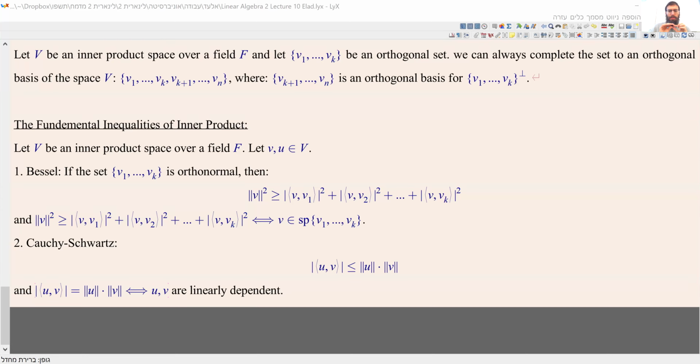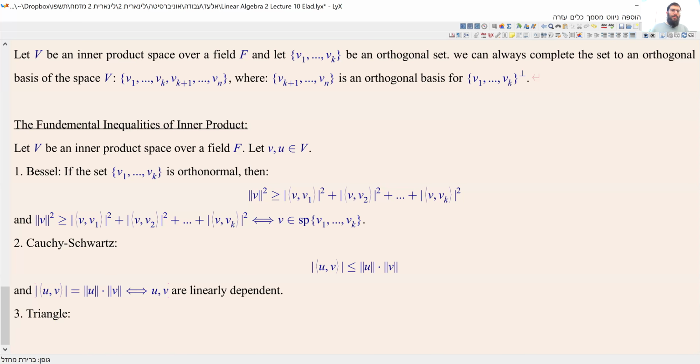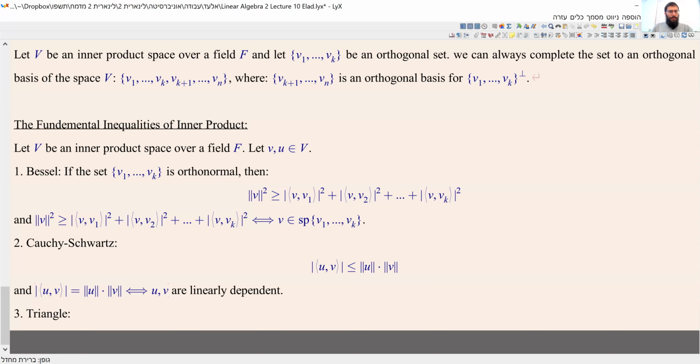And the third one is the triangle inequality. We have an inner product. We know that the inner product induces our norm.